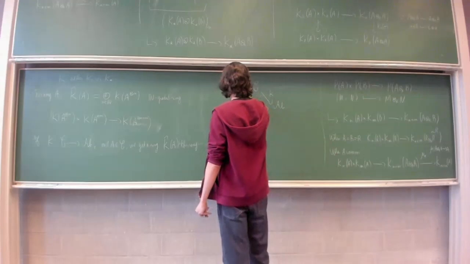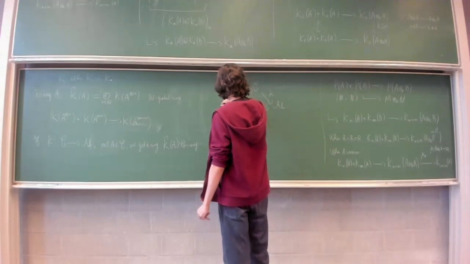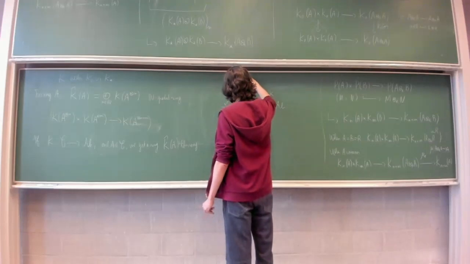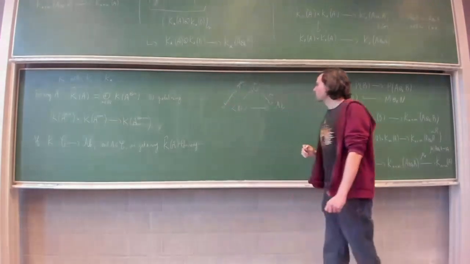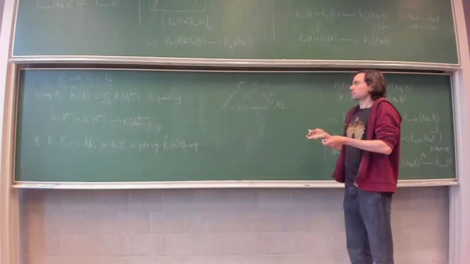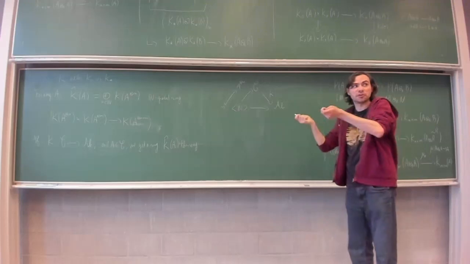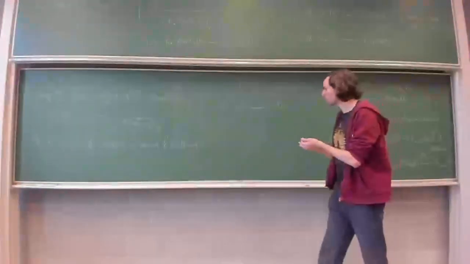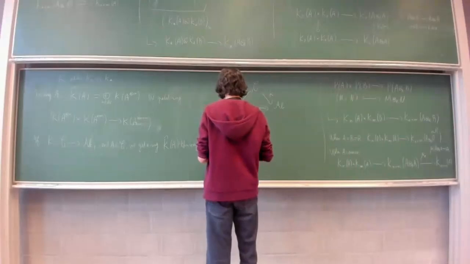Okay? Here, for any choice of object A, I can just send n to A tensor n here, and that's just following the definition. That's a strong monoidal functor.